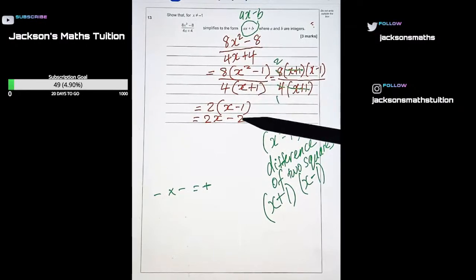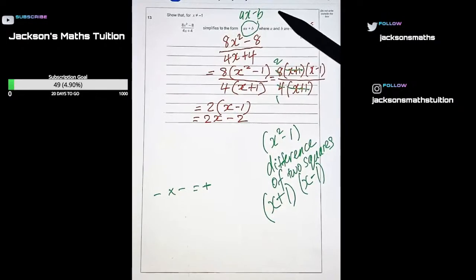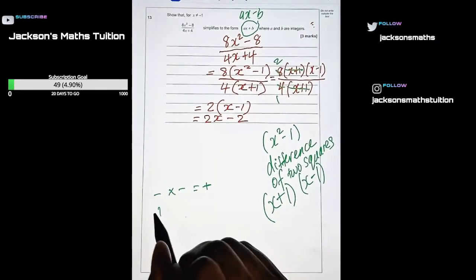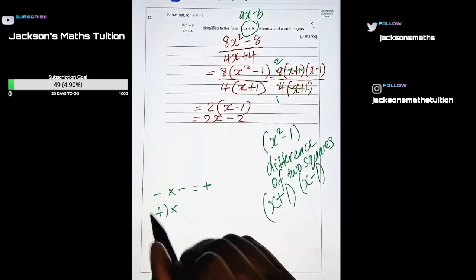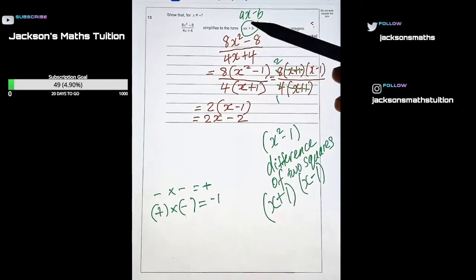But the value of b is not a positive, it's negative. So that's why they used plus instead of minus. So we know that a positive times a negative, it still gives us a negative, okay? So this plus is not going to affect this negative 2 here.